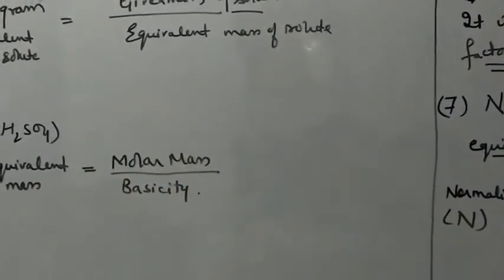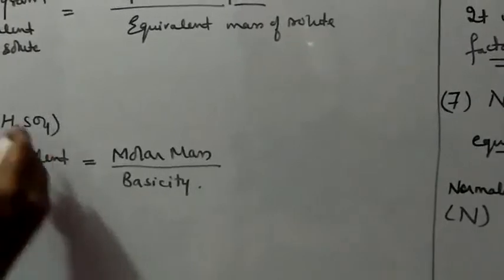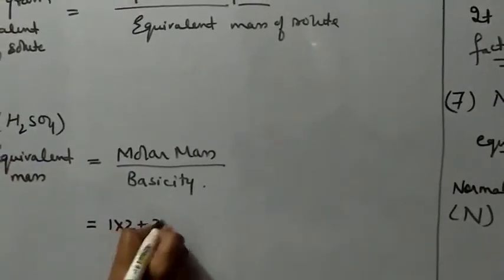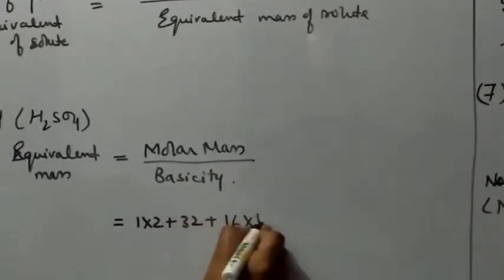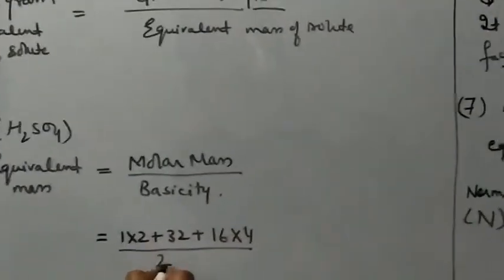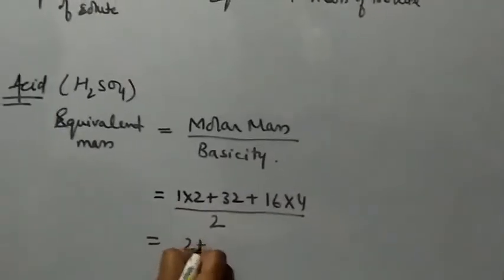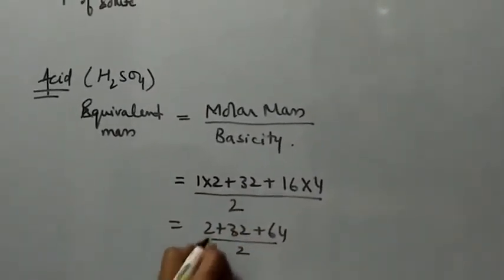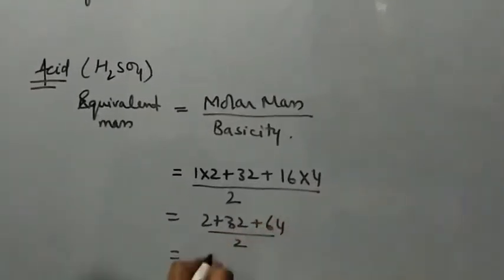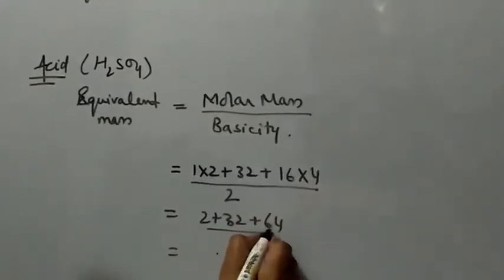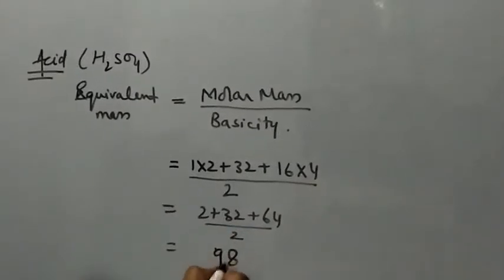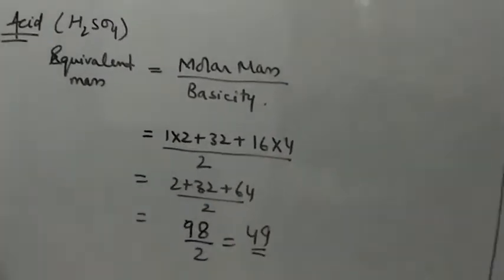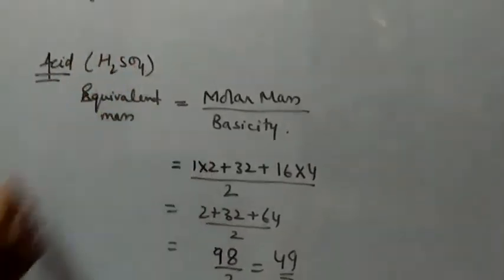For the acid, it is the number of replaceable hydrogen ions. You can find out easily the molar mass of it: 1 into 2, 32 plus 16 into 4, divided by 2. So it will come 2 and 64. How much are we getting? 34 plus 64, that is 98, divided by 2. So we are getting 49. So 49 will be the equivalent mass of sulfuric acid.